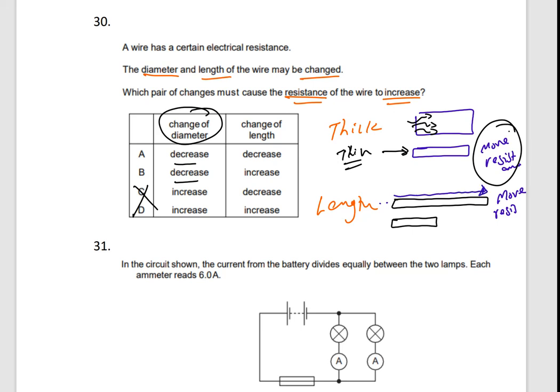Whereas if the wire is shorter, the charges only travel through a shorter distance, which would experience less resistance. So increasing the length would also increase the resistance. So the change in length should be an increase. The option is B.